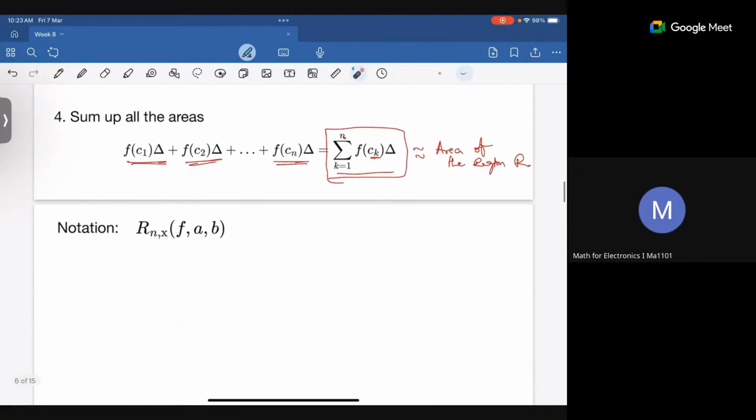So what he said is, you have this summation, which I will denote as R_n(X, f, [a,b]). So you see, n should be known, and a and b should be known. In this notation, n is the number of rectangles that you form, which is nothing but saying n is the number of subintervals.